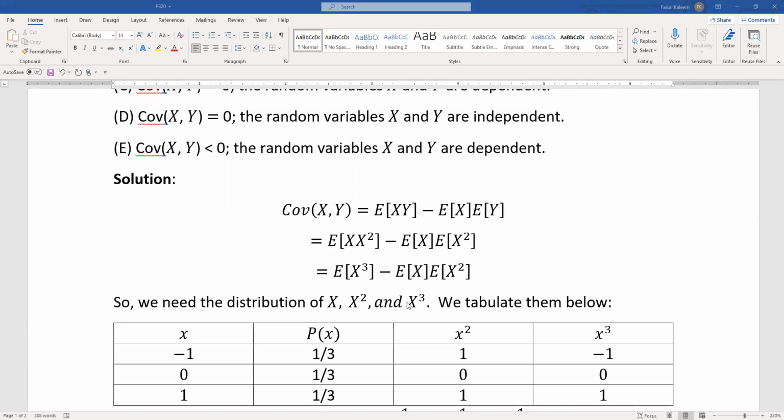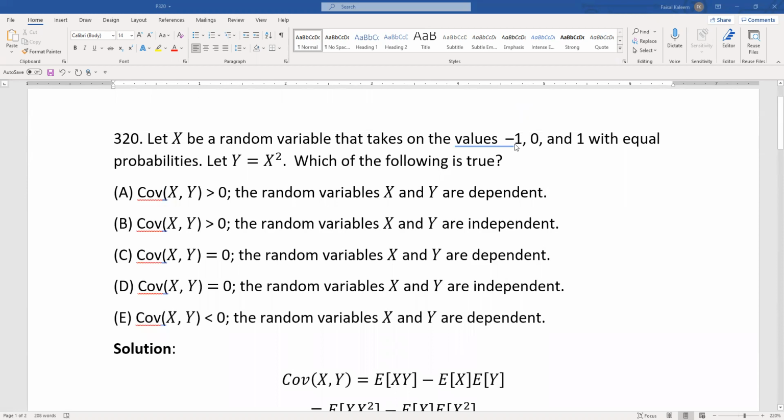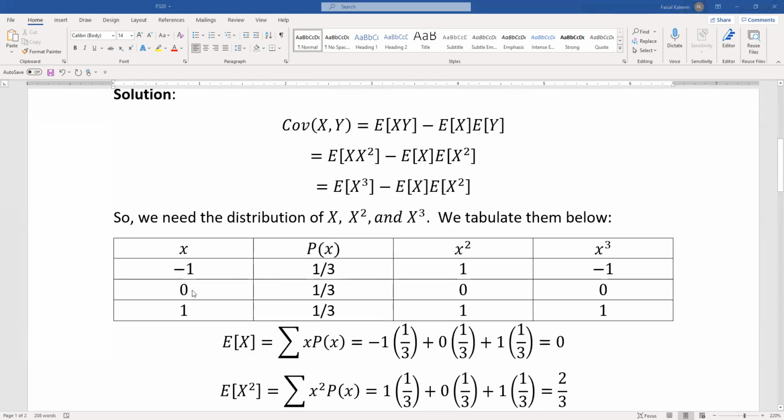To get these expected values, we need the distributions of x, x squared, and x cubed. X is the basic one that's given: the values are -1, 0, and 1 with equal probabilities, so each has probability 1/3, because the probabilities have to add to 1.